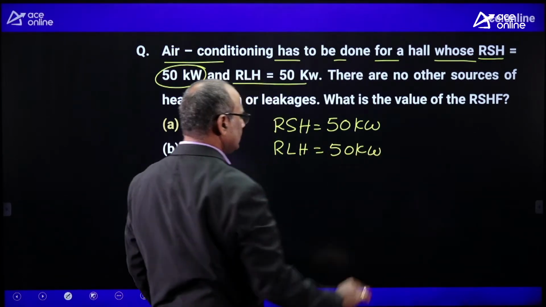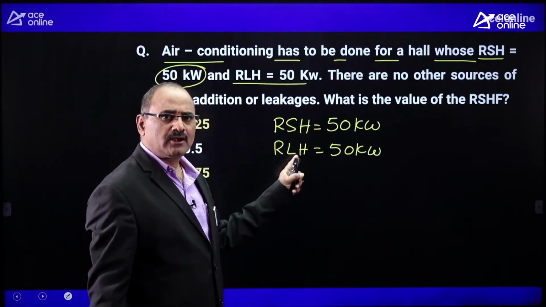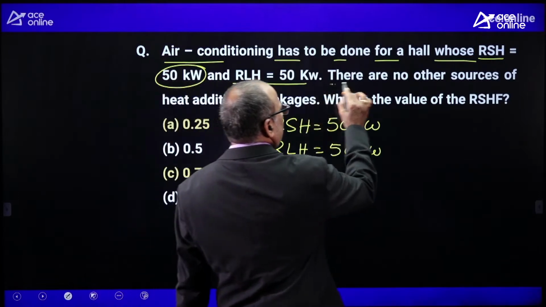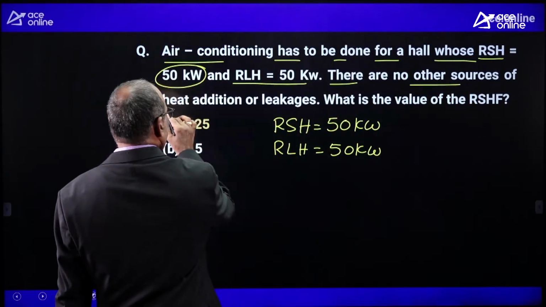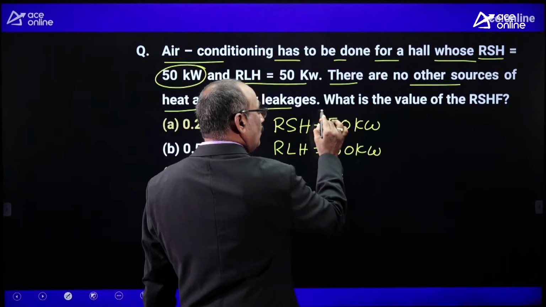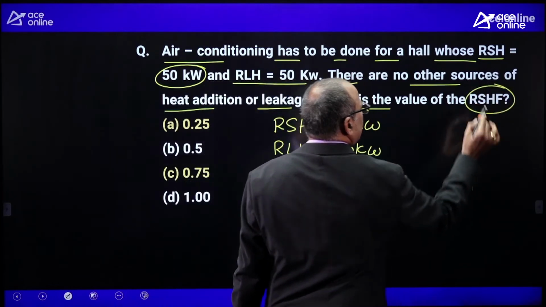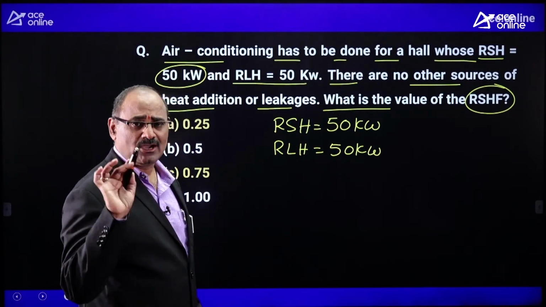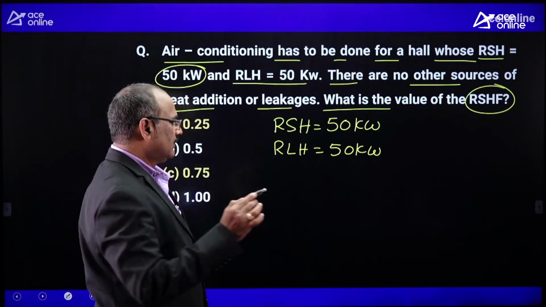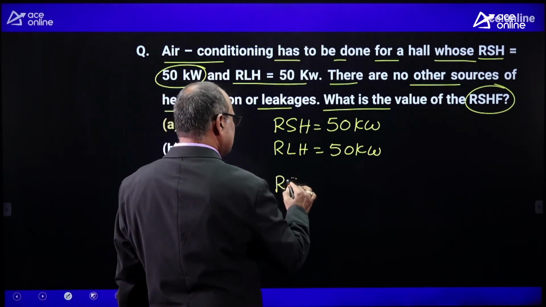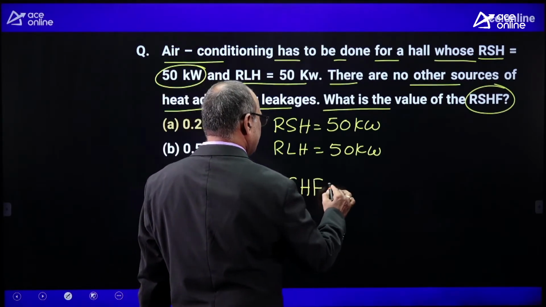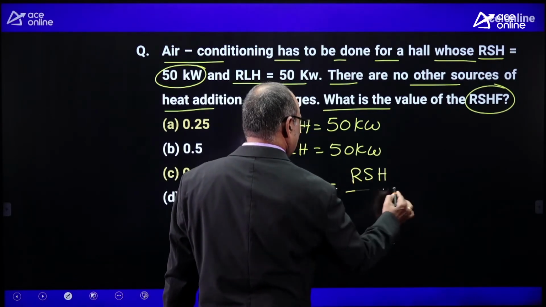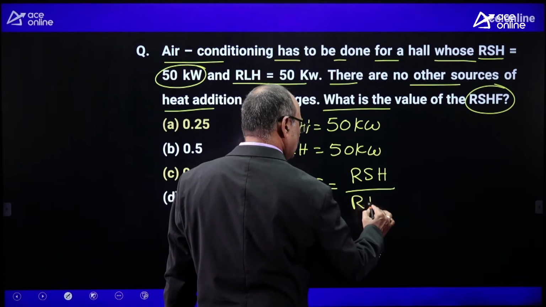Here the room sensible heat and room latent heat are identical. There are no other sources of heat addition or leakages. What is the value of RSHF, the room sensible heat factor? As you know, the room sensible heat factor is equal to the ratio between the room sensible heat and room total heat.